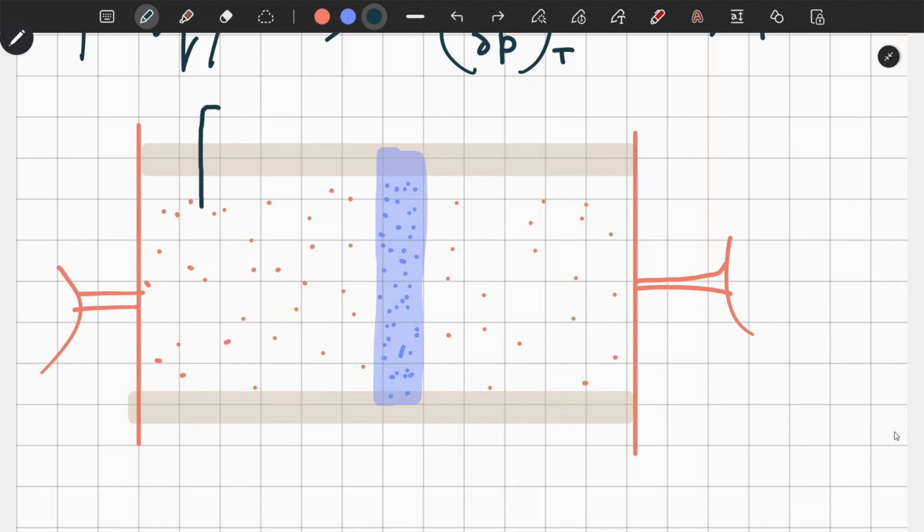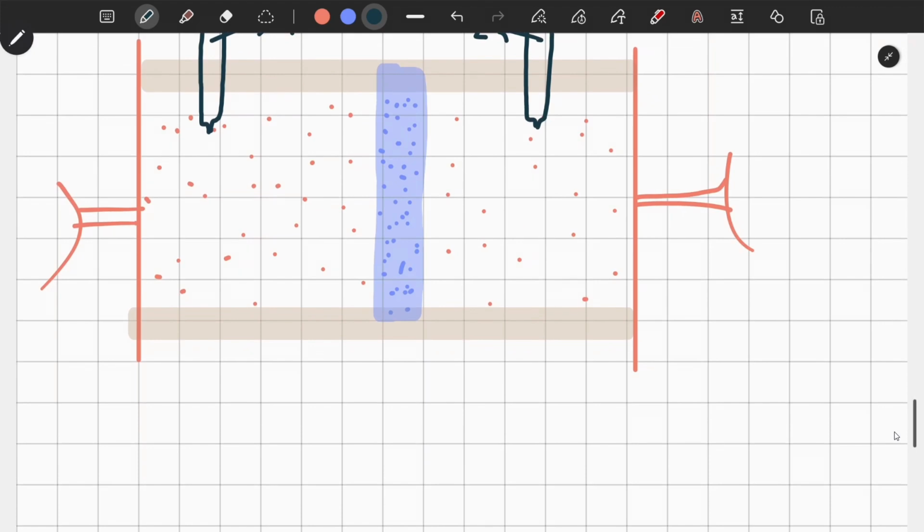The thermometer is not looking like a thermometer, but here is a thermometer measuring temperature, and here also a thermometer. These two are the temperatures T1, T2. We can also check the pressure of the gas, so a pressure meter is also there, P1 and P2. So this is the experimental setup, correct?